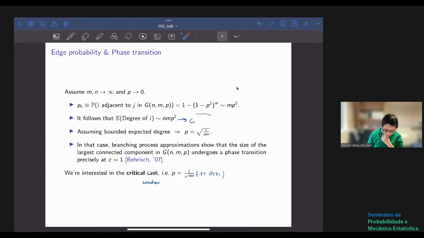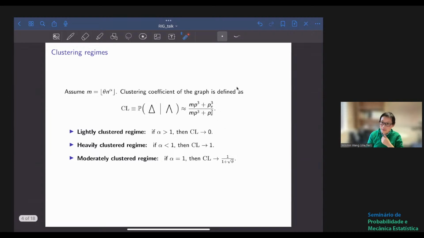But now let's see something a little bit different. Now I need to consider the relative speed between m and n going to infinity. To simplify things a bit, I'm going to assume that m is a power function of n. It's not a very important assumption, but it simplifies the presentation a little.